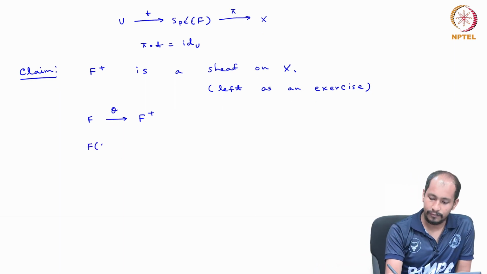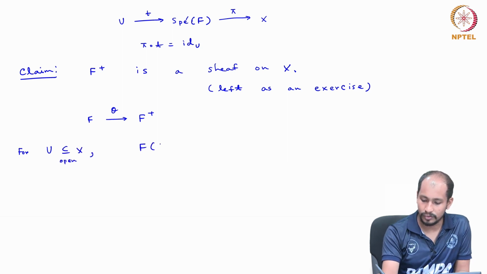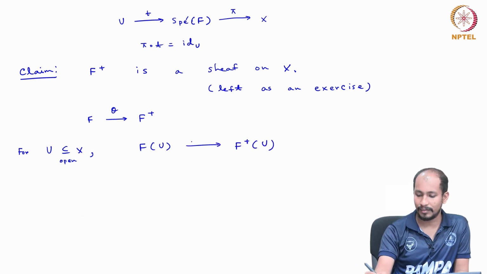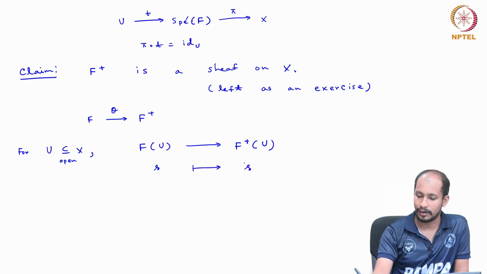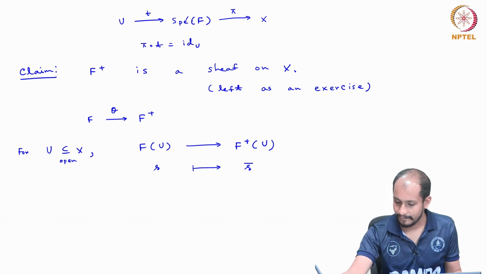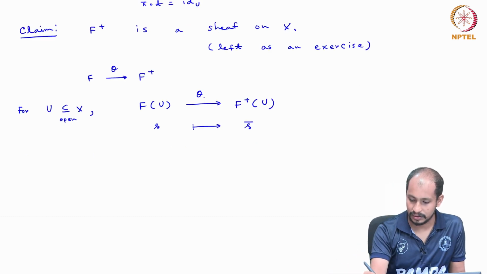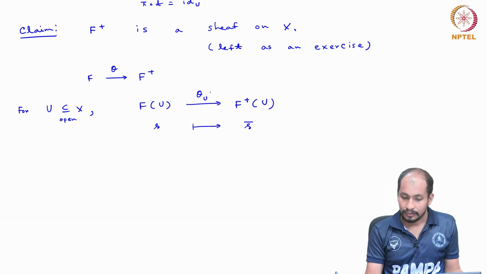For any open set U inside X, we have F of U to F plus of U. Any section S inside F of U goes to S bar, which is a section in F plus of U. You can say that this is theta U. Okay.